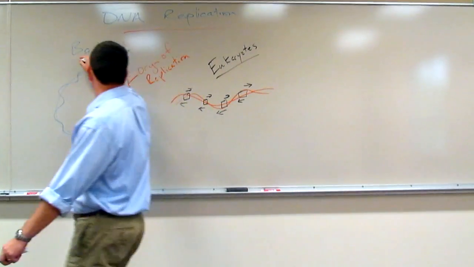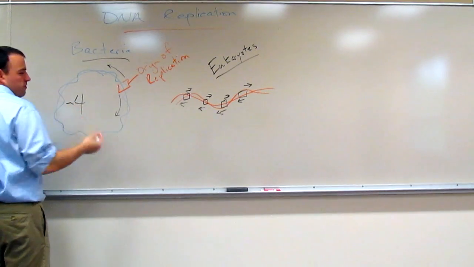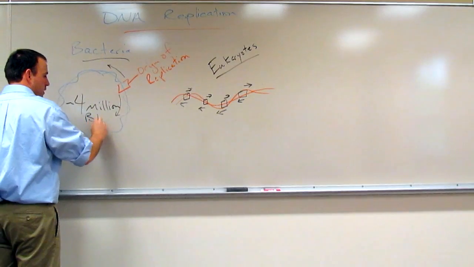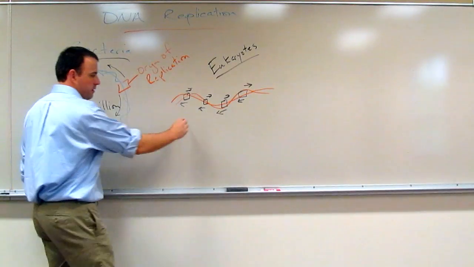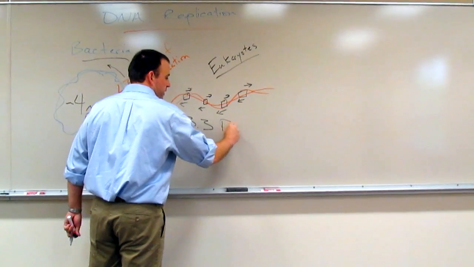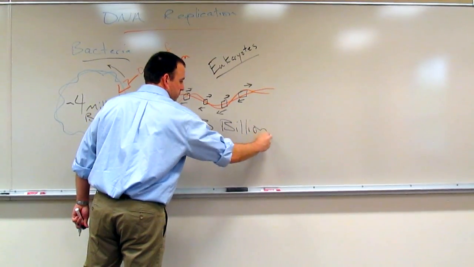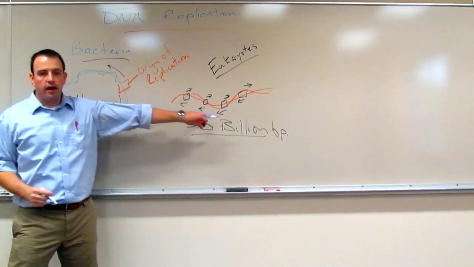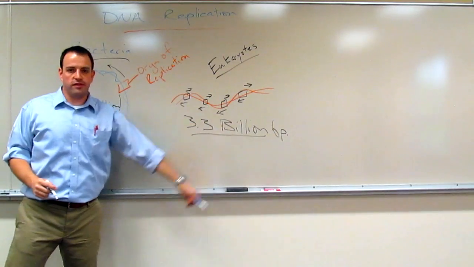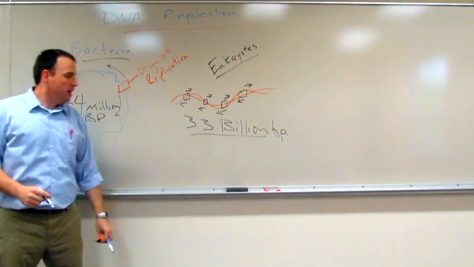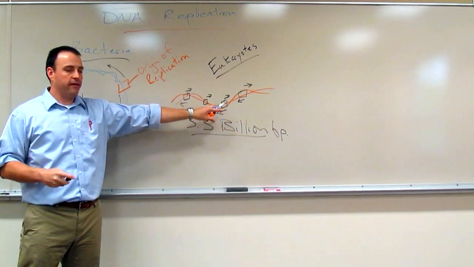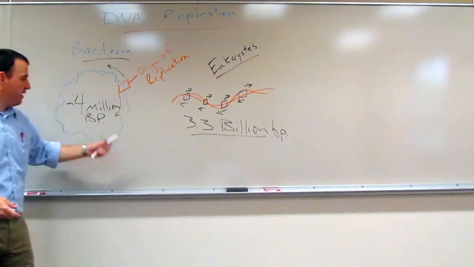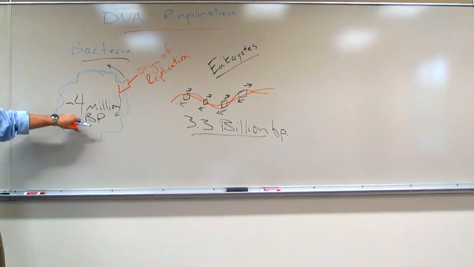One is that bacterial chromosomes are generally about 4 million base pairs, but the human genome has 3.3 billion base pairs. So we need lots of origins to fire, to turn on DNA replication, so that we can replicate our humongous genome at a reasonable speed. Bacteria don't need that because they only have about 4 million bases.